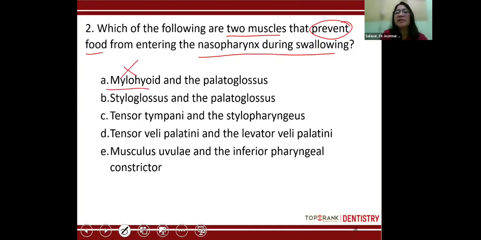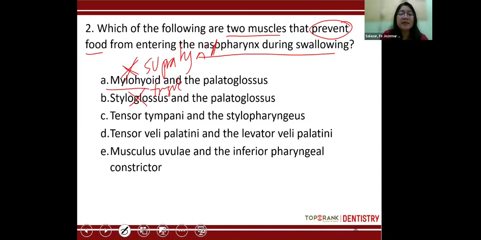No. Bakit? Ano ba si mylohyoid? It is a suprahyoid muscle. Kapag ganyan, class, wag mo nang basahin yung susunod. Wag mo na itong basahin kasi that's just wasting your time. If yung umpisa mali, mali na yung entire option na yan. Styloglossus, ay wala rin. Kasi this is a muscle of the tongue.